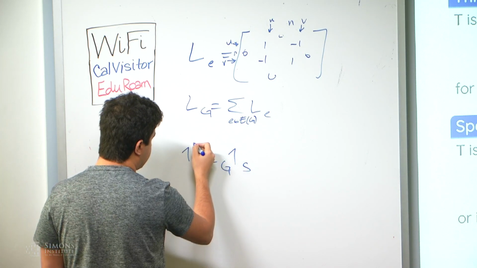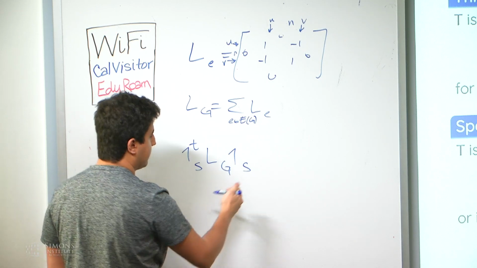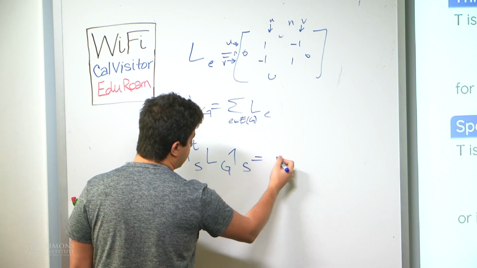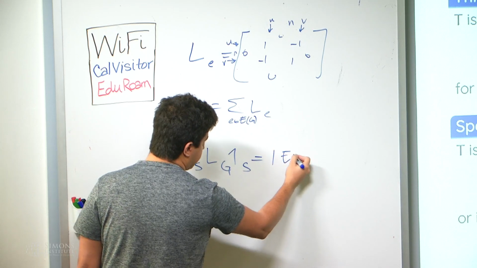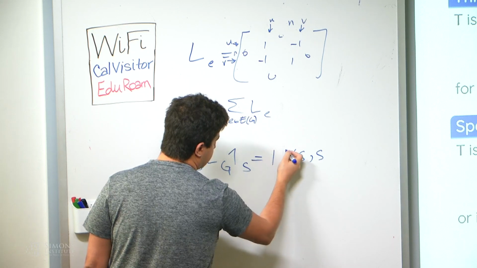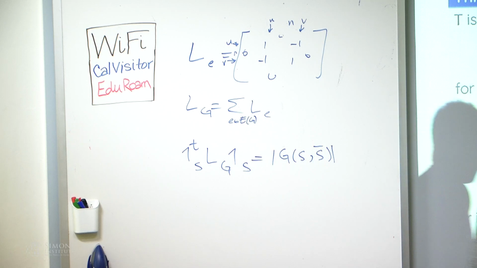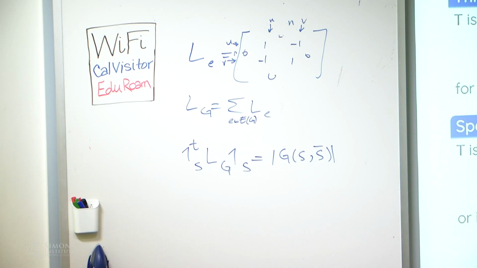If you look at the quadratic form given by the Laplacian on the indicator vector of the set S, this gives you exactly the number of edges in the cut. So if you have spectral thinness, then that implies normal thinness.